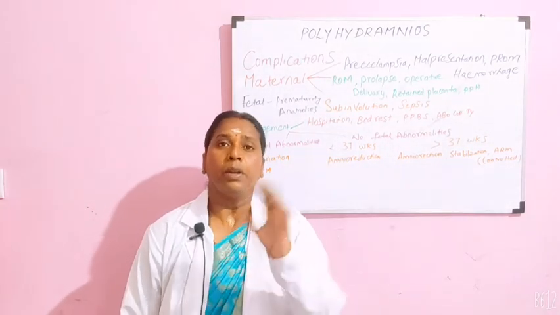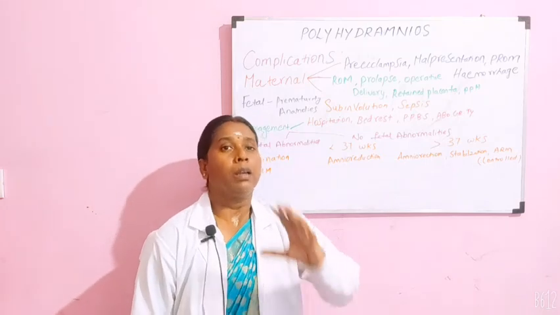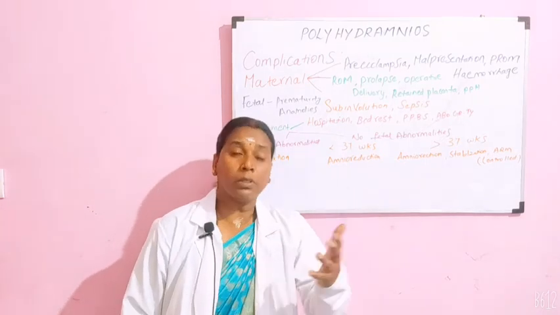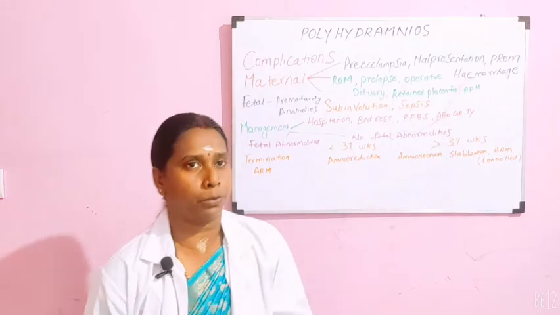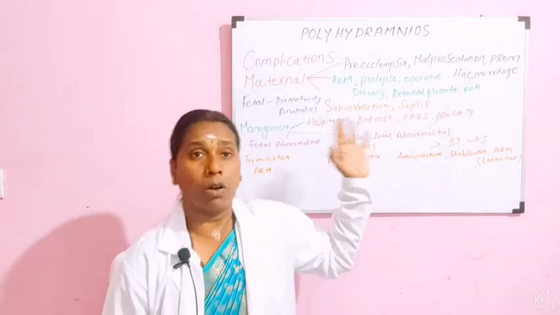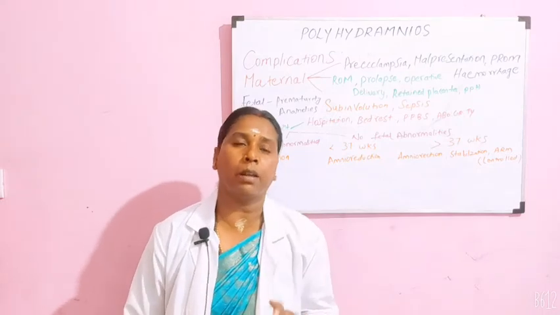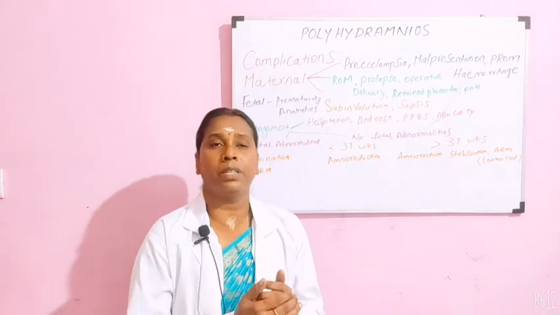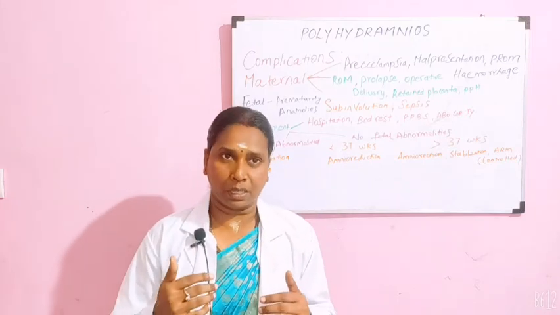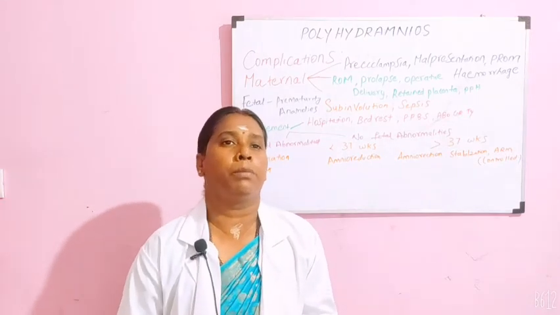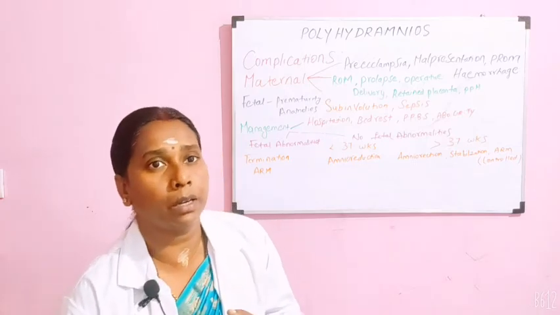As I already said, if it happens in early pregnancy, before the labor process is initiated, you call it premature rupture of membrane. So here also, during the intranatal process, the membrane ruptures before the labor proceeds. That is an intranatal complication.